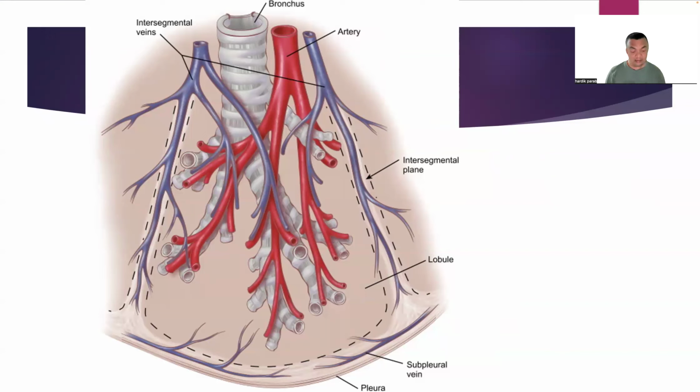Then each segment has a segmental bronchus, segmental artery, autonomic nerves, and lymphatic vessels. Everything is there. Then the segmental venules are also present. The segmental venules are present in the connective tissue between the adjacent bronchopulmonary segments.